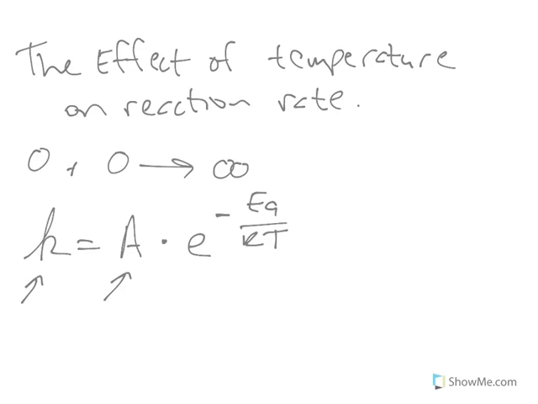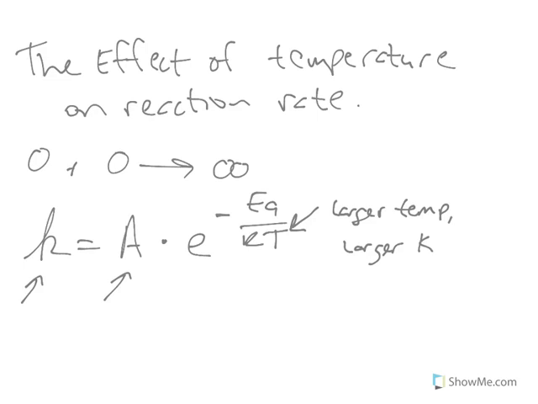We also see temperature here, and of course, we have a negative sign in front of our exponent. So that is telling us that the larger the temperature, the larger K is going to be, because of the negative.